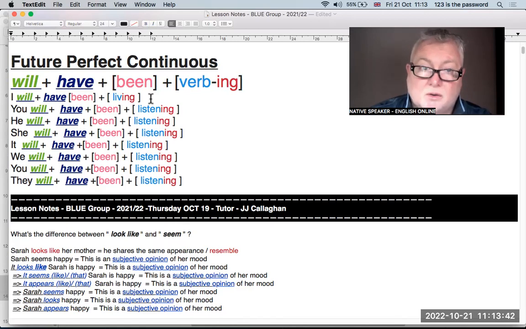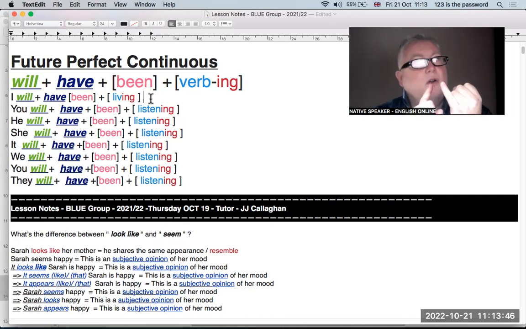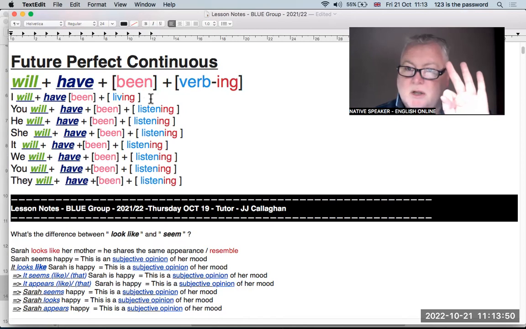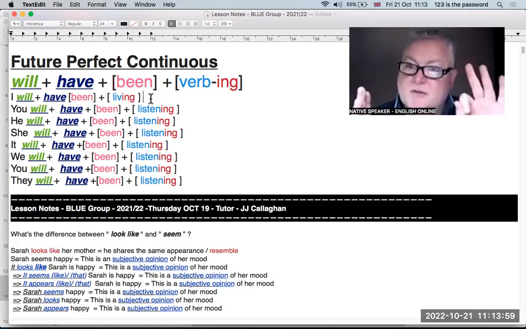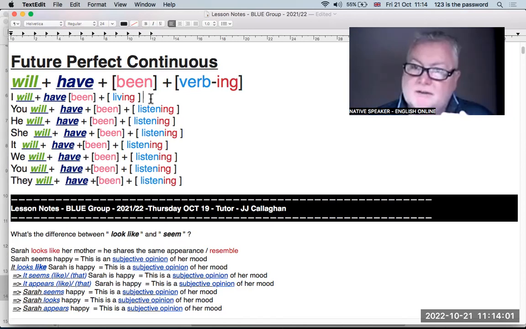Okay. So September, October, November. On the 19th of November, it will be your 3-month birthday or anniversary of your arrival in Ireland.